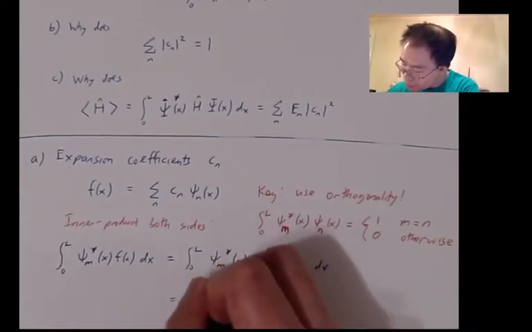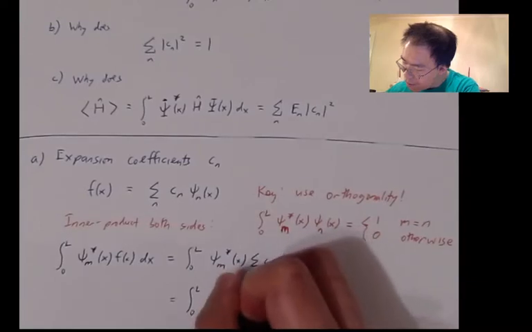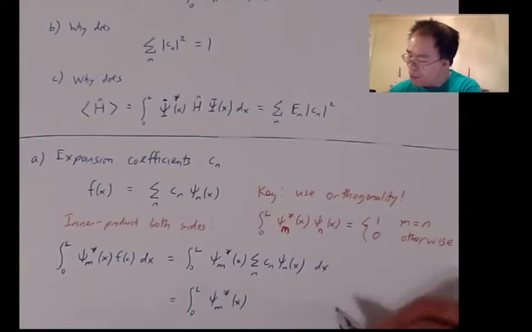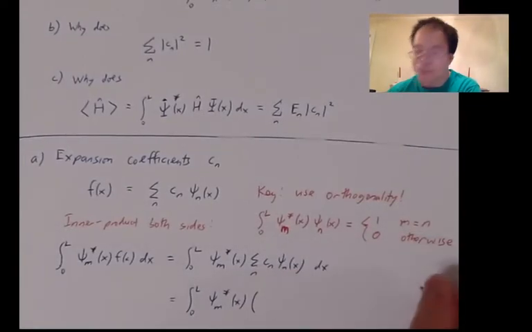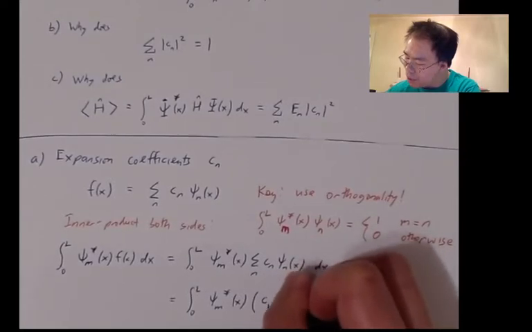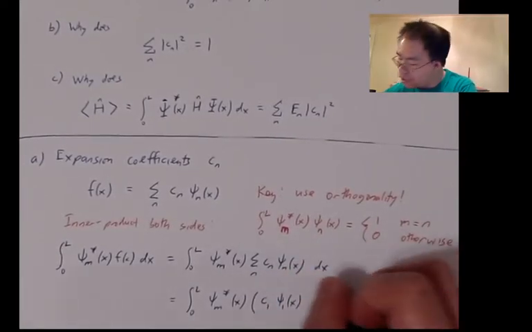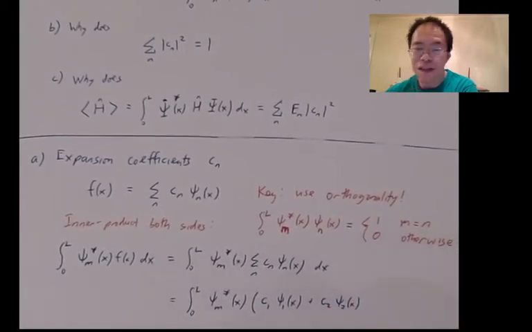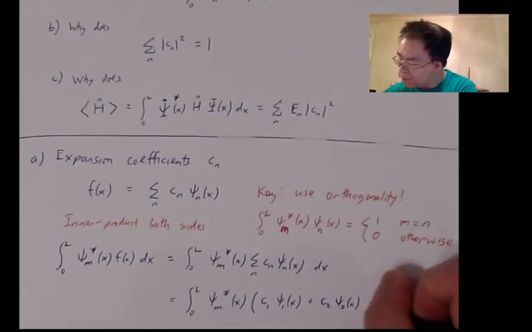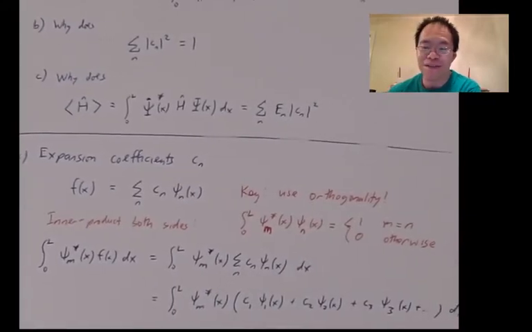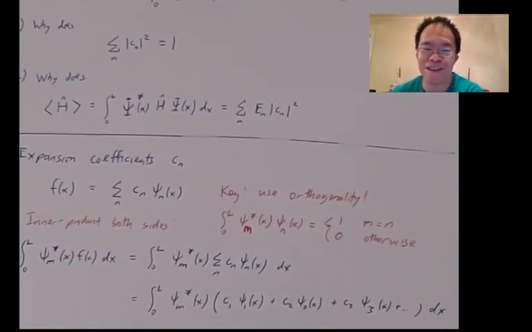So we still have our integral here, and I'll just write out the first few terms of the summation. That's going to be c sub 1 psi 1 of x plus c2 psi 2 of x, and maybe I'll do one more for kicks, c3 psi 3 of x, plus dot dot dot, and my dx.